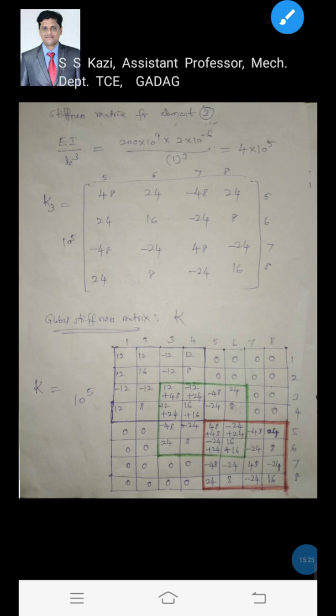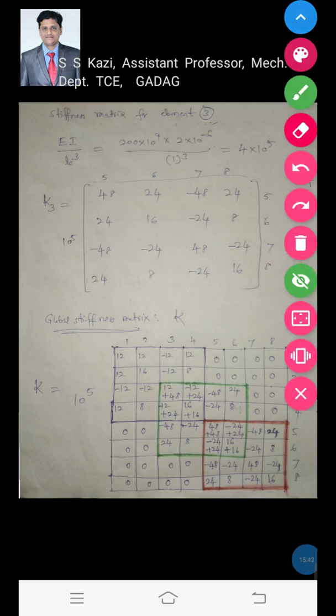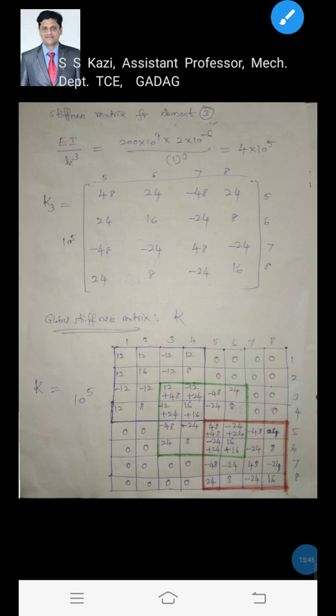Now the stiffness matrix for element 1, K1, is of order 4 cross 4. The DOF numbers I wrote are 1 2 3 4, 1 2 3 4 for K1.